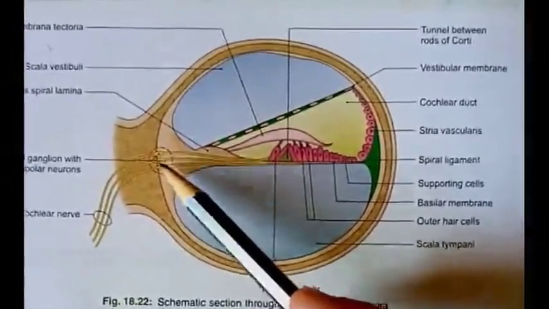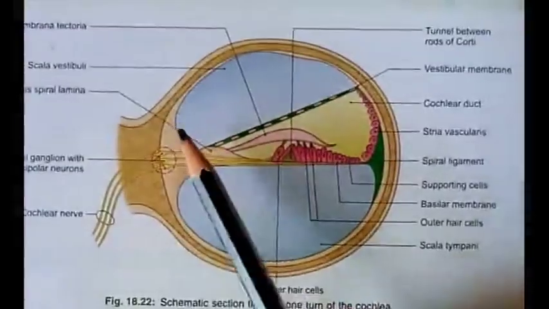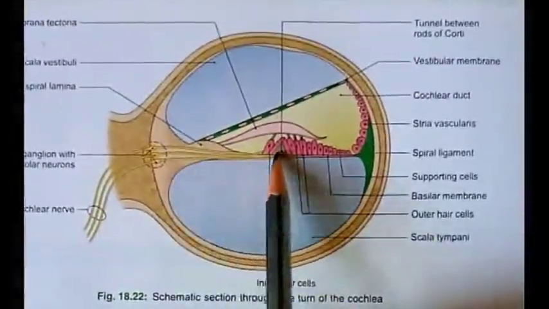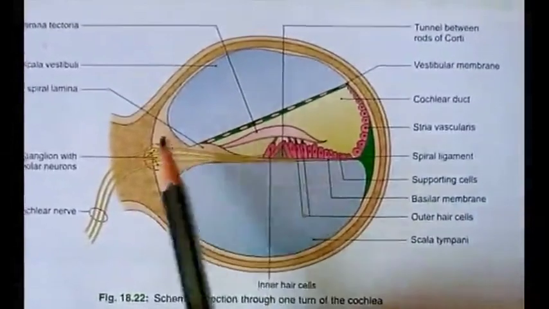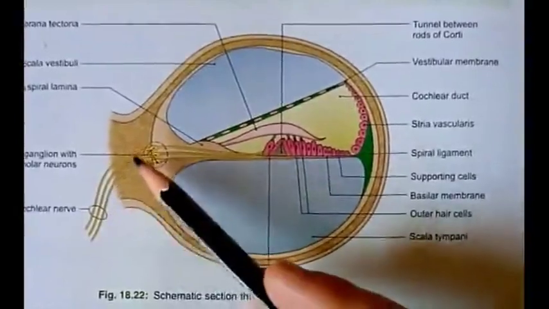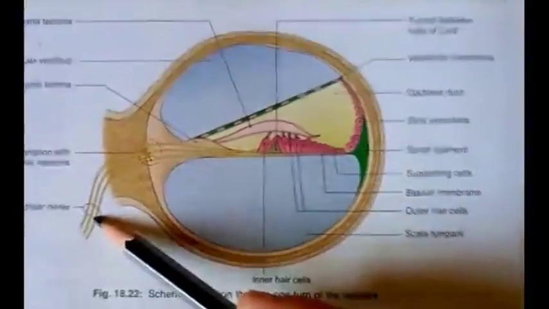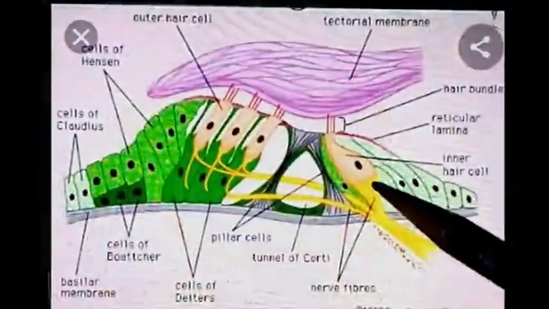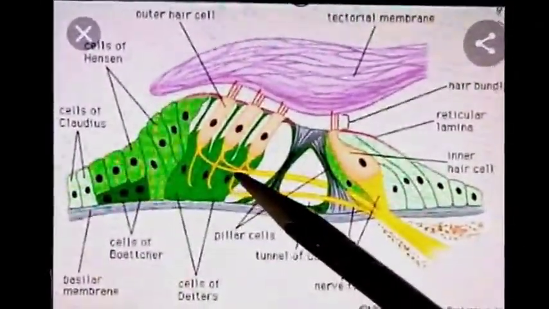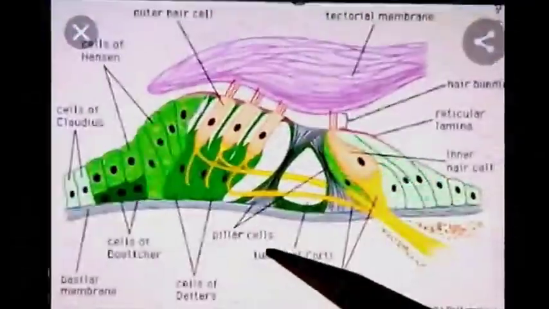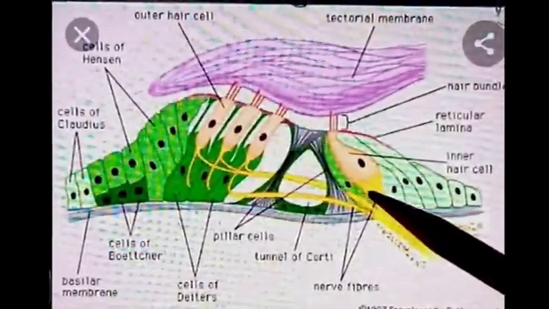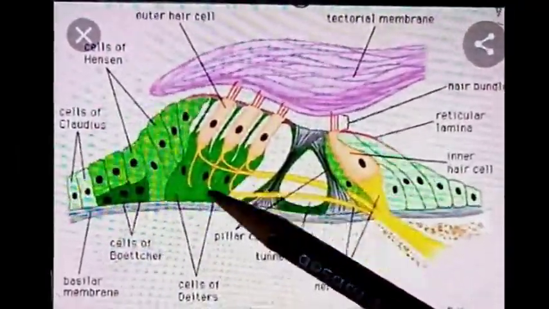Bipolar means having two processes. One is the peripheral process which proceeds towards the organ of Corti and innervates it, and the other is the central process which forms the cochlear nerve. Inner hair cells are more densely innervated as compared to outer hair cells, and the auditory system receives more afferent input from inner hair cells as compared to the outer hair cells.